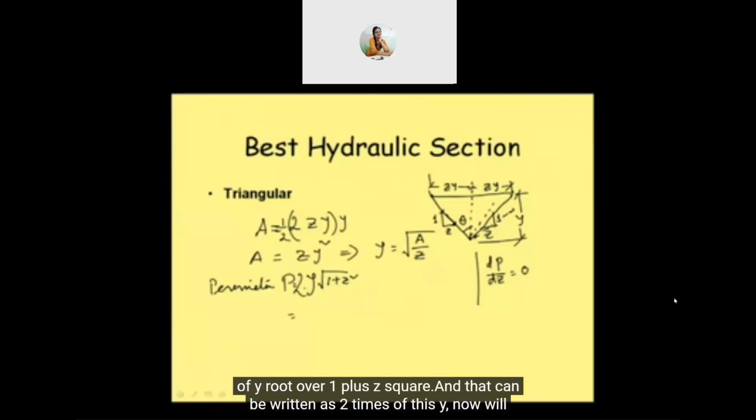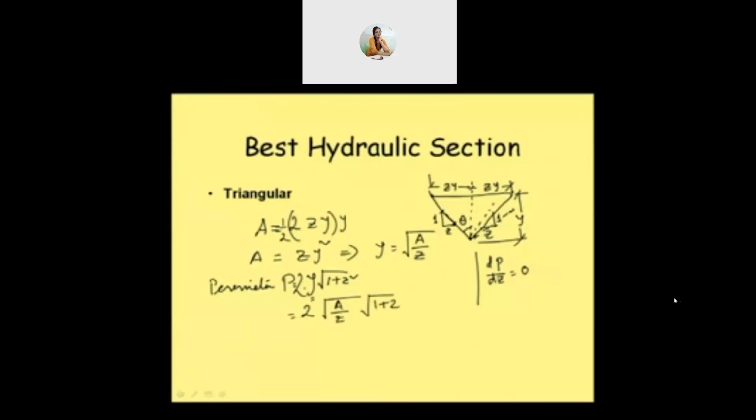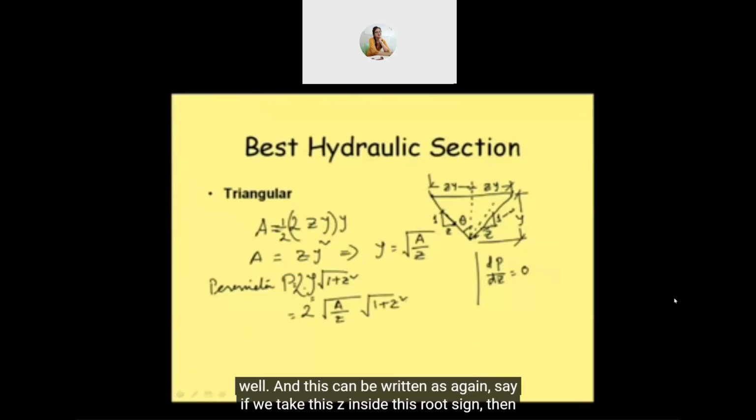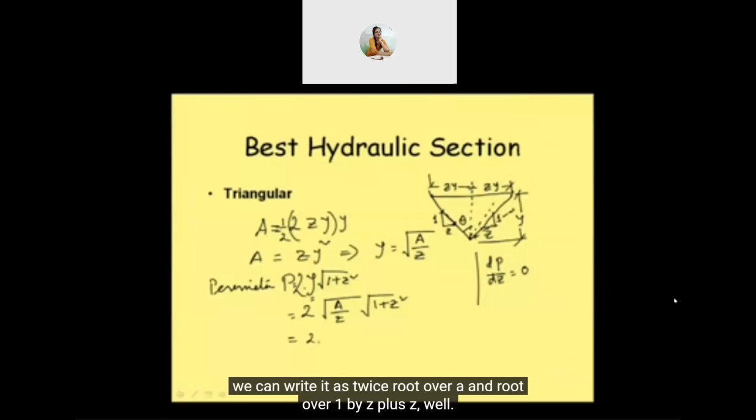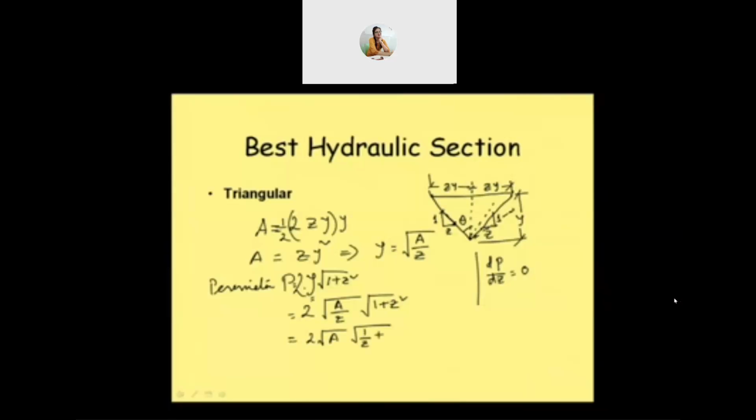And that can be written as 2 times y. Now we will be expressing y as root over A by z, and then we can write this as root over 1 plus z square. And if we take this z inside the root sign, we can write it as twice root over A and root over 1 by z plus z.